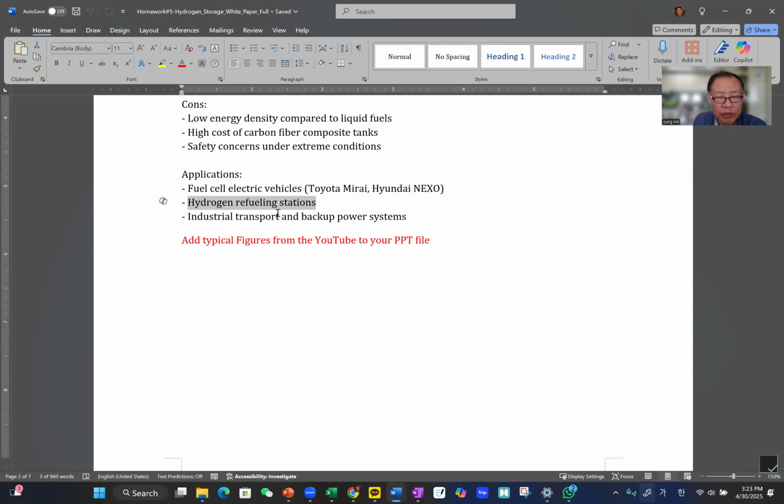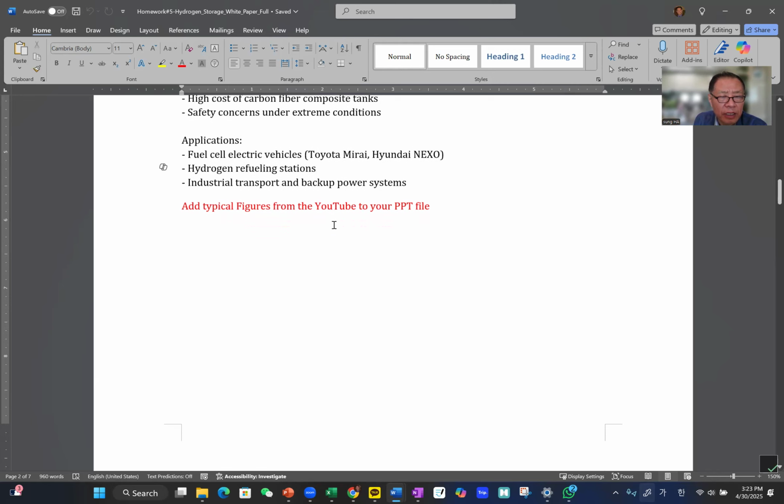I'm not sure of the exact number, but one of the biggest problems is the fuel station. There are not many places where we can get hydrogen fuel. So that is one of the big problems at this point.